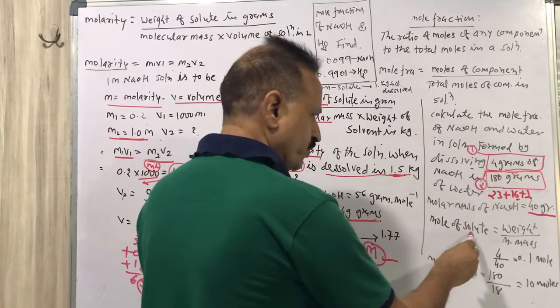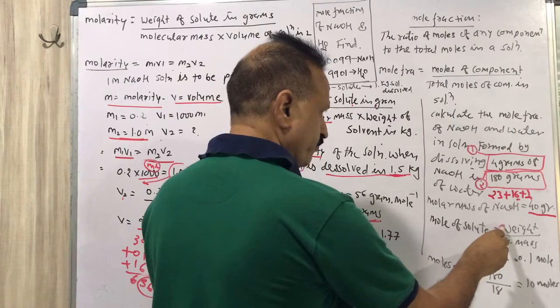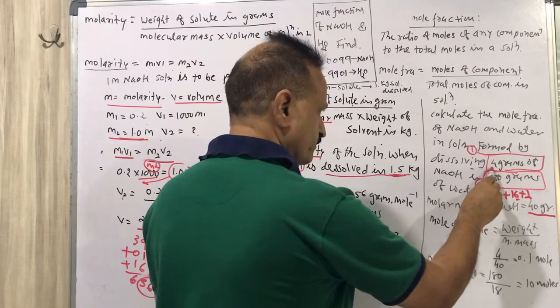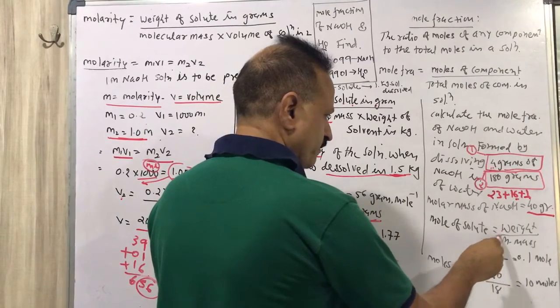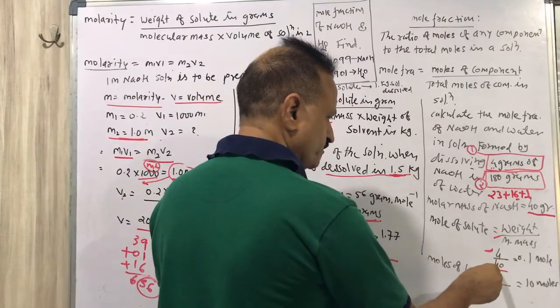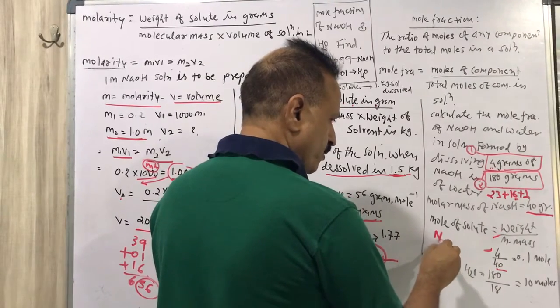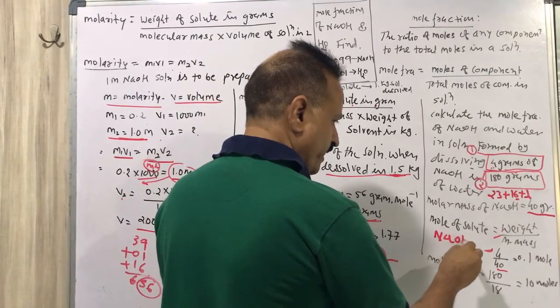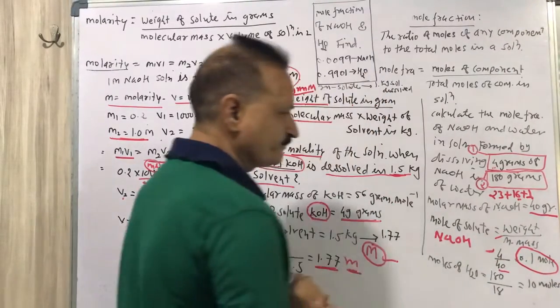Mole of solute equal to weight upon molar mass. Weight of NaOH is given 4 grams. So 4 gram is over here. Molar mass is 40 grams. So mole of NaOH is 0.1 mole.